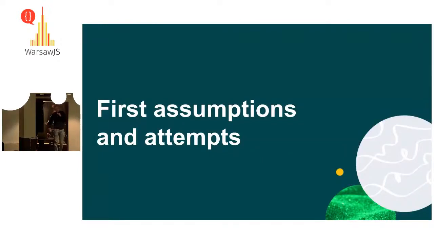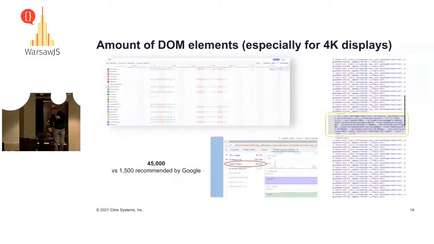Our first assumptions and attempts to fix it: first of all, we started thinking about how to automate this. Like, it is really crazy. When you open recommendations by Google, they say you should have a maximum of around 1,500 DOM elements on a page.